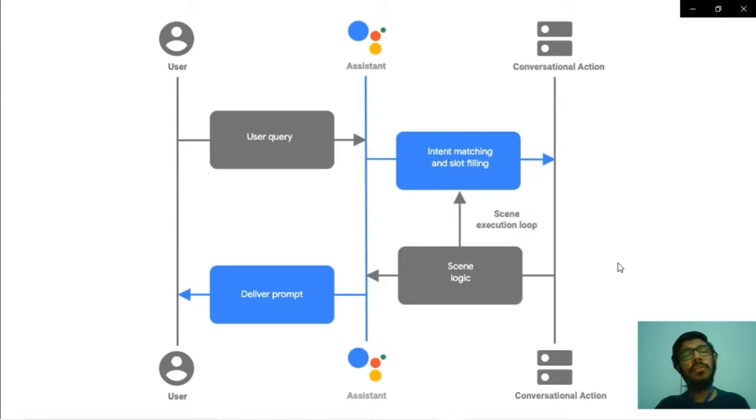In this Actions Builder, the NLU algorithms are updated and much smarter, able to pick up and resolve ambiguities and answer in much less time. So it is faster and it understands better in this new tool.